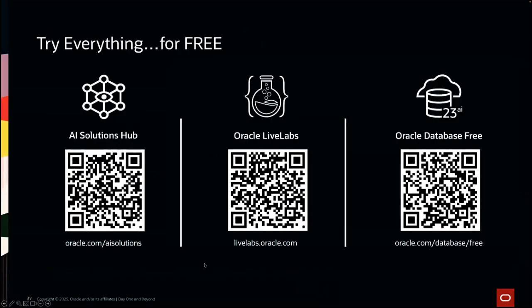I'll also point out that not only do we have the live labs and that one that we just showed you, the getting started one, Andy mentioned the database free edition, either autonomous database or download and run as a Docker container or run on your own machine. And then we also have the AI Solution Hub.